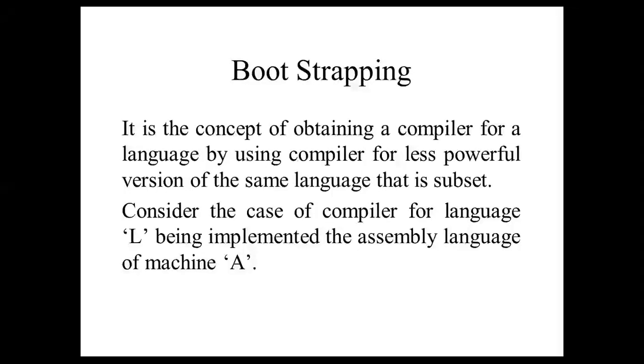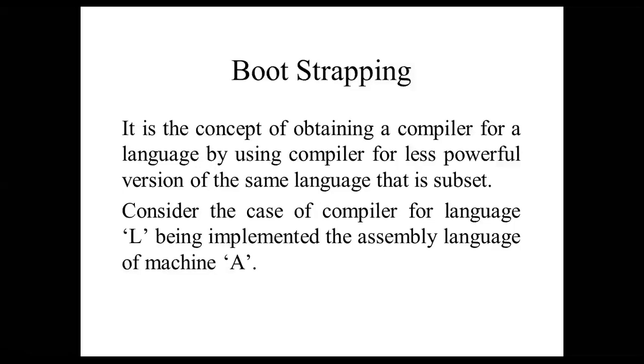That is called bootstrapping. So in the context of the compiler, we can say it is a concept for obtaining a compiler for a language by using a compiler for a less powerful version of the same language, that is the subset.